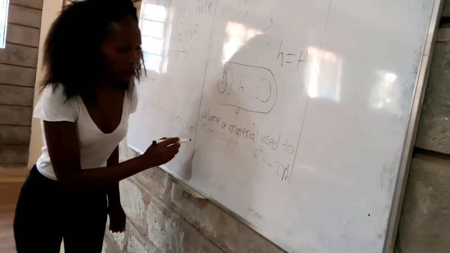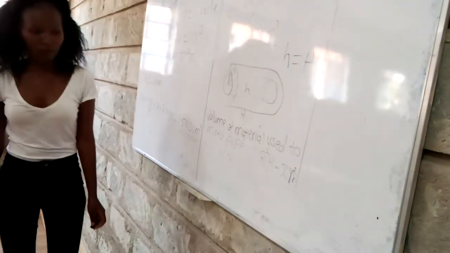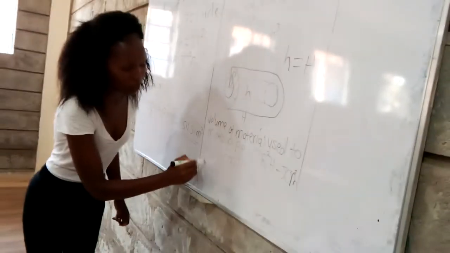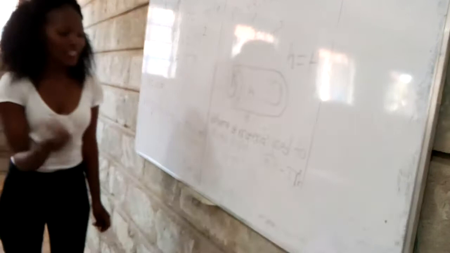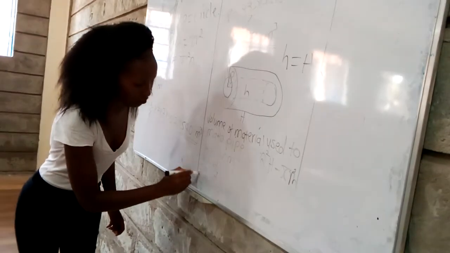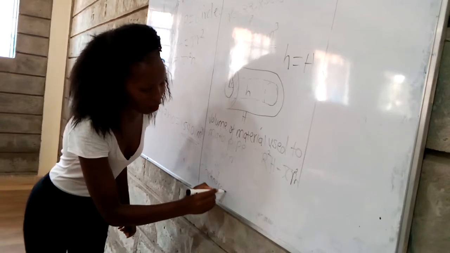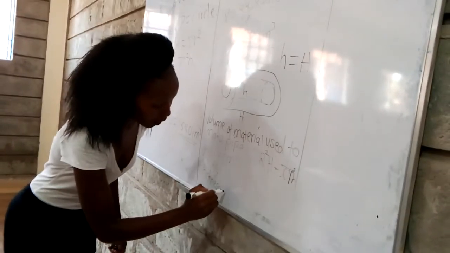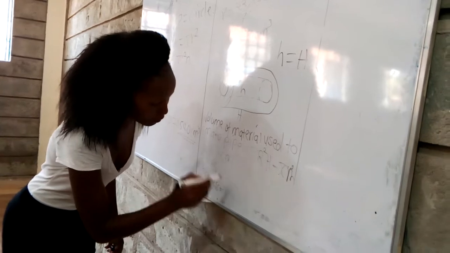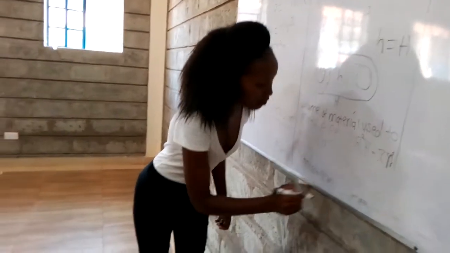If you are given the dimensions of the larger R to be, let's say, 7 centimeters, and pi to be 22/7, then the thickness to be, let's say, 3 centimeters.